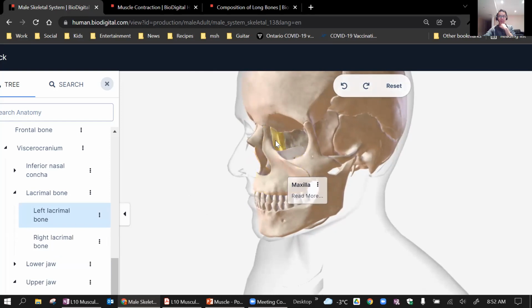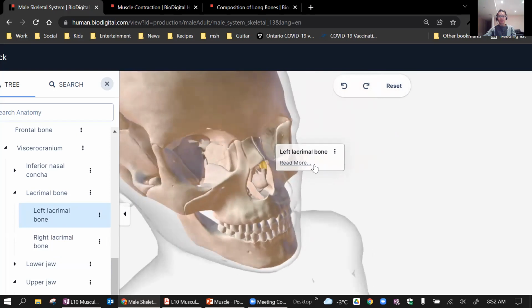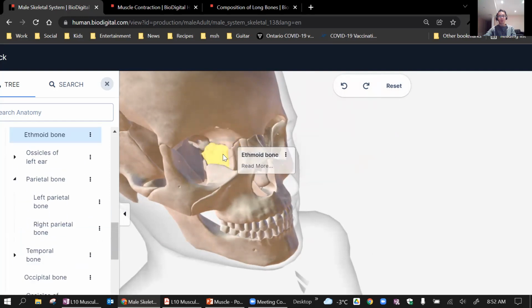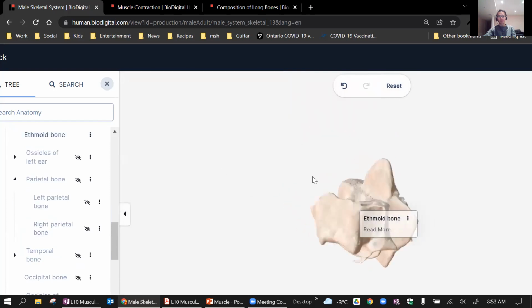Okay, so let's continue to look at the middle. We also have the lacrimal bone, okay, which is where your tear ducts go into. So there's one lacrimal bone on the left, and then one lacrimal bone on the right. And behind the lacrimal bones is the ethmoid bone. There's only one of them. Okay, it's big. Let me isolate it. There you go. That's the ethmoid bone.